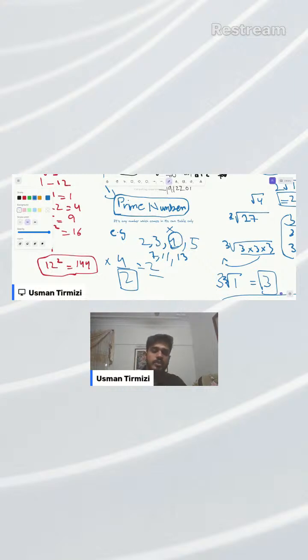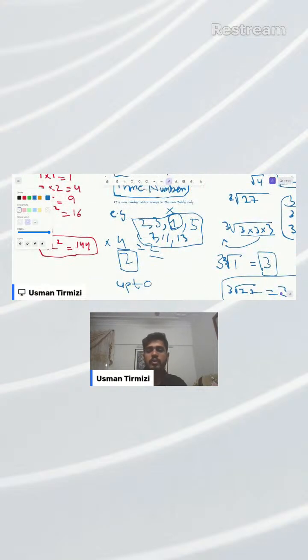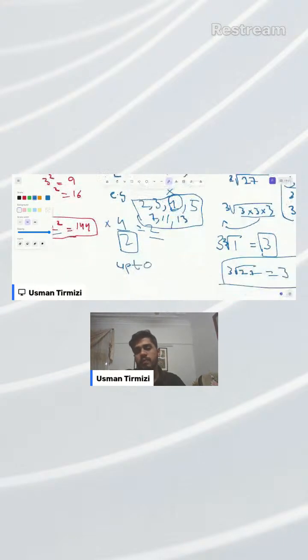So ideally for GCSEs, it's recommended for you to remember the prime numbers up to 100. So you should make a list of prime numbers. This is your task for today. First, find the squares and square roots of all the numbers up to 12, right?